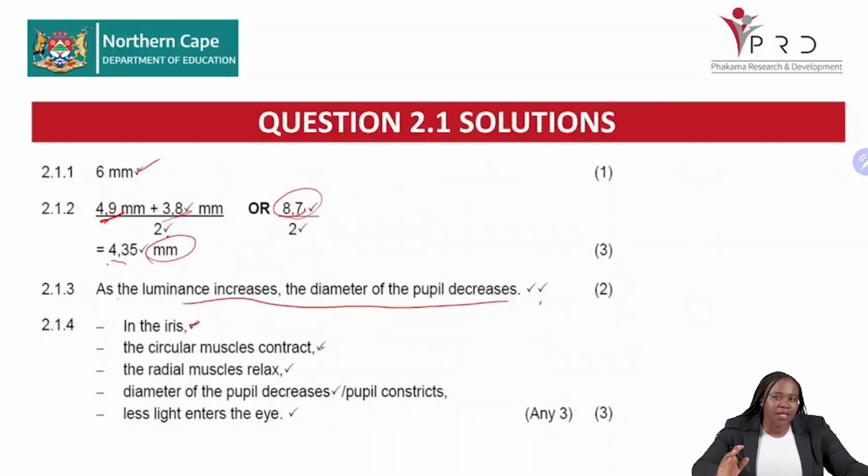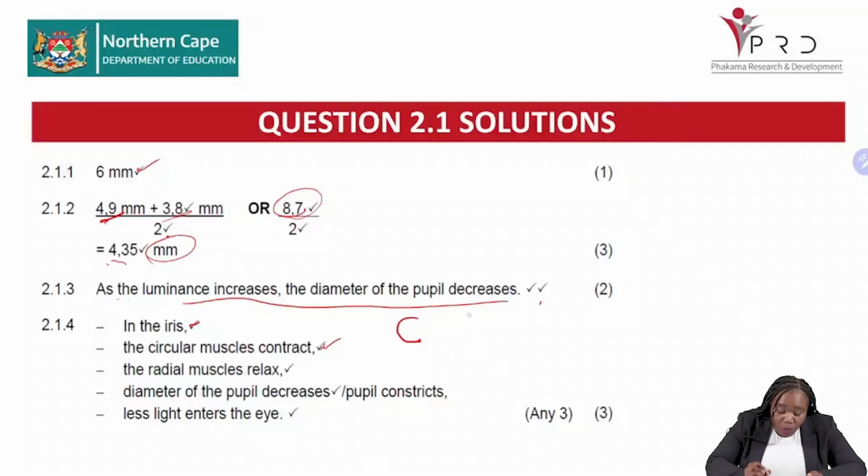We speak of the ciliary muscles in accommodation, and in pupillary mechanism, we speak of the circular muscles which contract, right? And then the radial muscles relax. Radial muscles relax, circular muscles contract. Now, an easy way to remember this is that the circular muscles, which start with a C, contract, CC. The radial muscles, which start with R, relax.